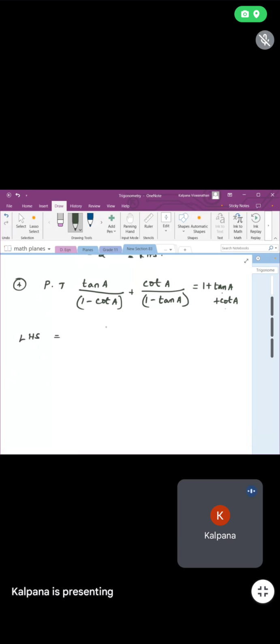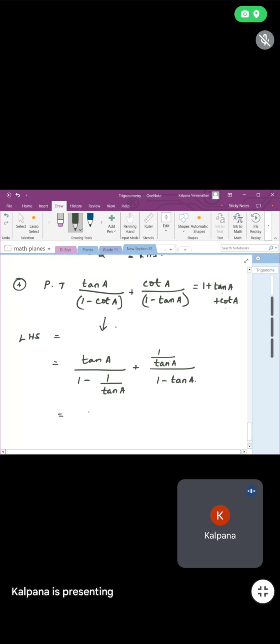You will repeat the same thing, and in the next step you will write tan theta by 1 minus cot written as 1 by tan A, plus again cot we can write as 1 by tan A divided by 1 minus tan A. We are not doing any changes with tan, only cot.